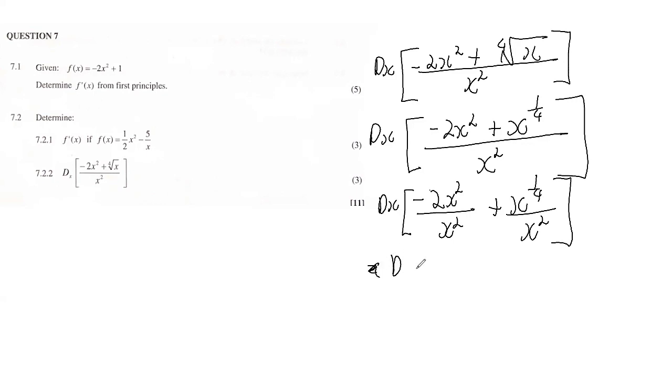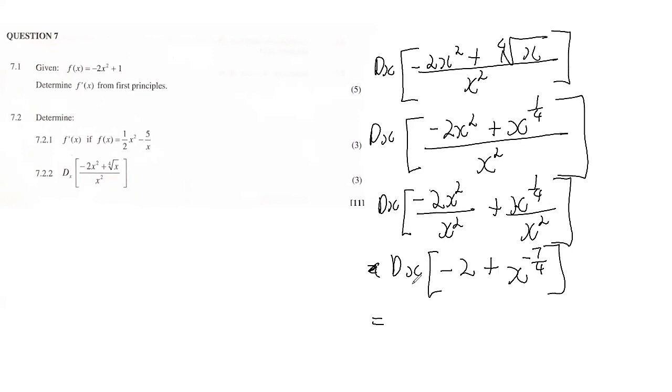I'm still keeping the d over dx because I haven't derived yet. When you haven't derived, you still need to keep that d over dx. Then from here, remember, the bases are the same, so we have to subtract the exponents. If we say 1 over 4 minus 2, that is supposed to give us x to the exponent of, is it negative 7 over 4? Yes, I believe so. Then that means having to derive here.